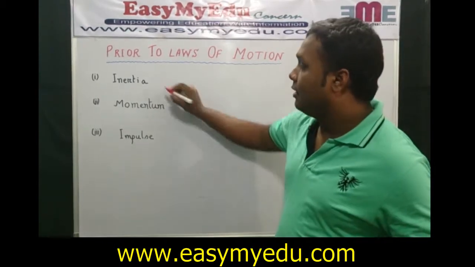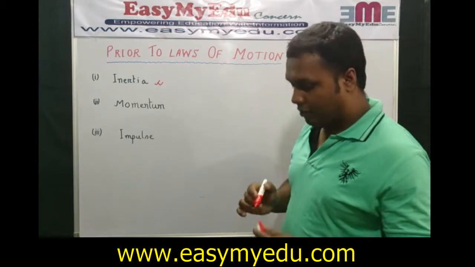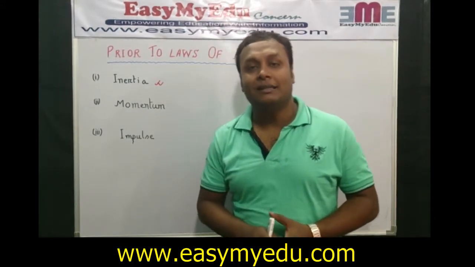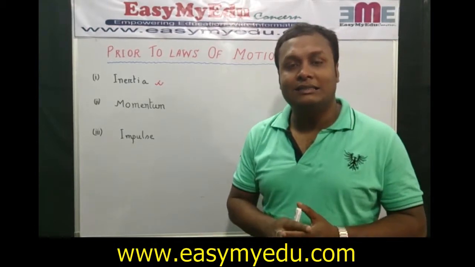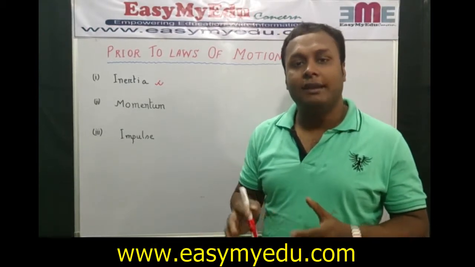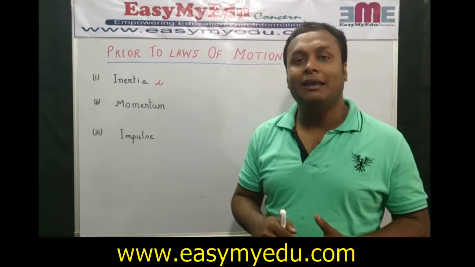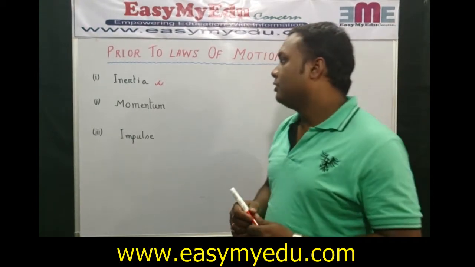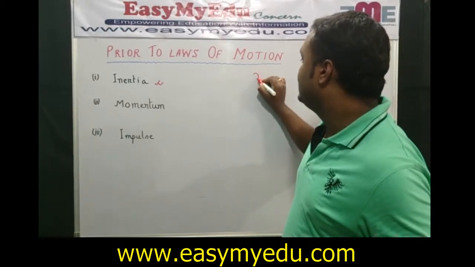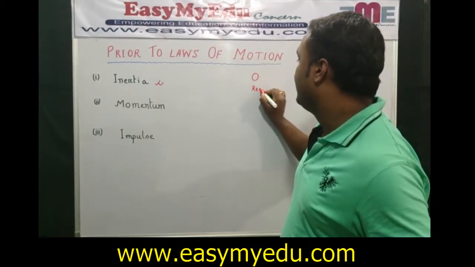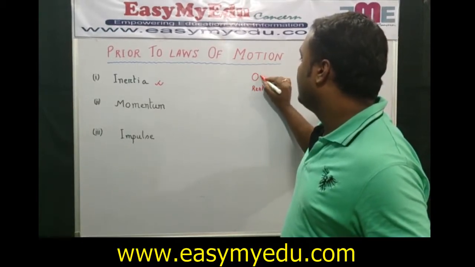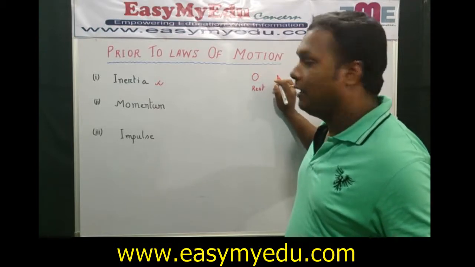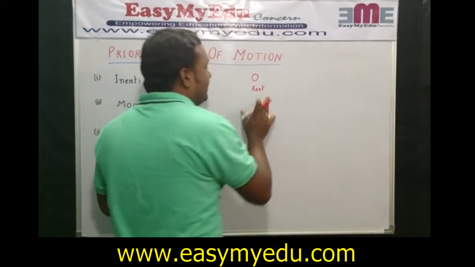This is a property of object or matter. So inertia is the tendency of any object to remain in its state. Let us describe it. Suppose an object is at rest, that means it is not moving, then it will tend to stay at rest.